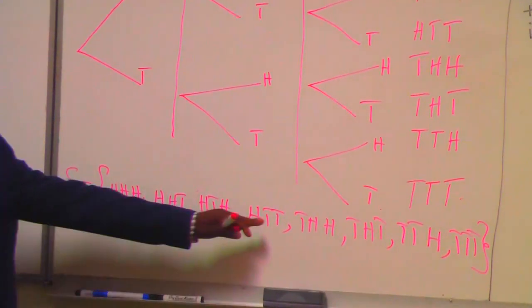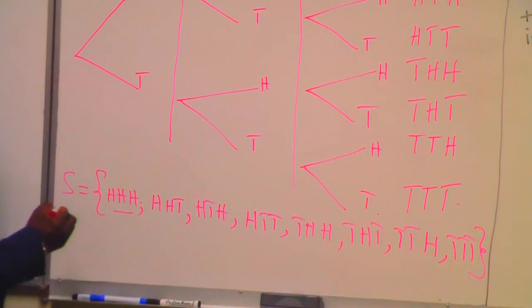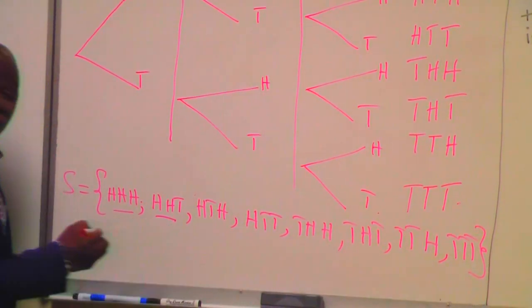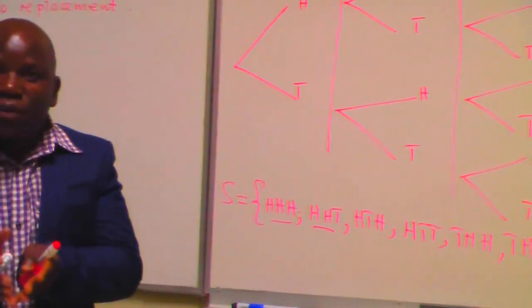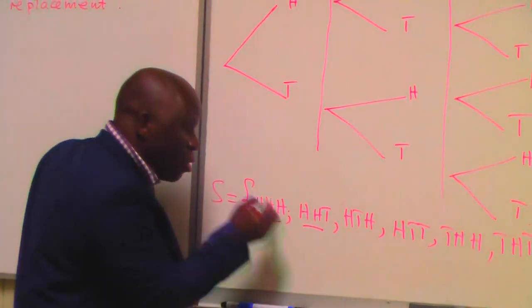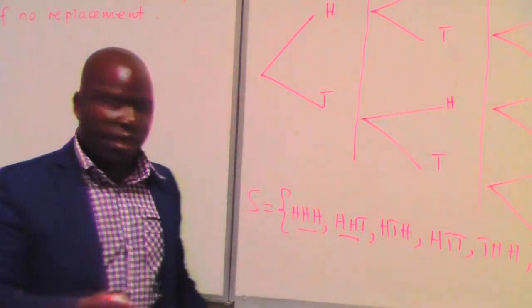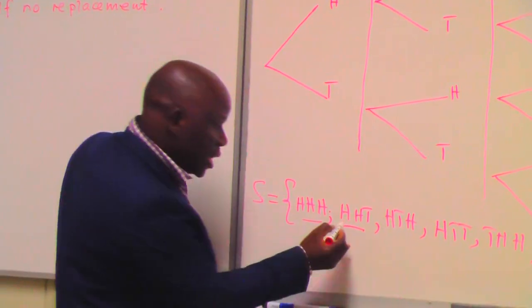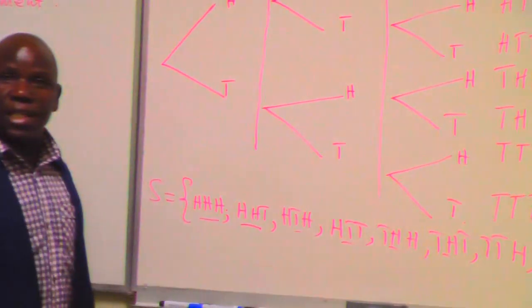So our sample space basically is the set containing these particular events. Also, these are events. Remember, we said events are subsets of the sample space. Obtaining all heads, 3 heads, that is a head in the first, a head in the second, and a head in the third, becomes an event. So this is an event, this is an event, this is an event. All these are events.